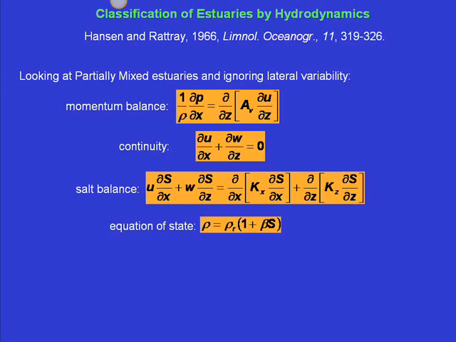So what that means is that a change of salinity of 1 would cause approximately a 0.78 kilogram per cubic meter change in density. I'll say that again. A change of salinity of 1 would be equivalent to approximately a 0.78 kilograms per cubic meter change in density.